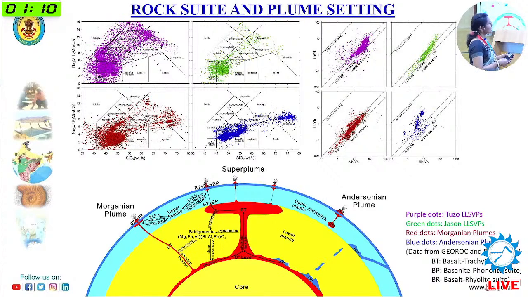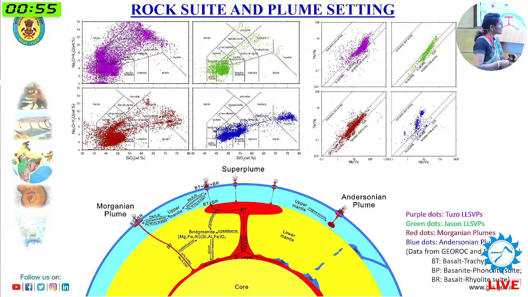In the test diagram, I have taken only two diagrams to compare with my volcanics, and my volcanics are falling in this part, and only two or three samples in the andesite and dacite part, otherwise in this part.